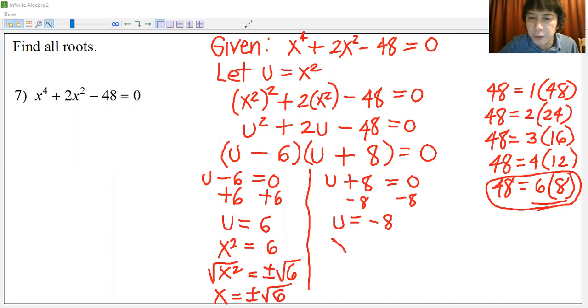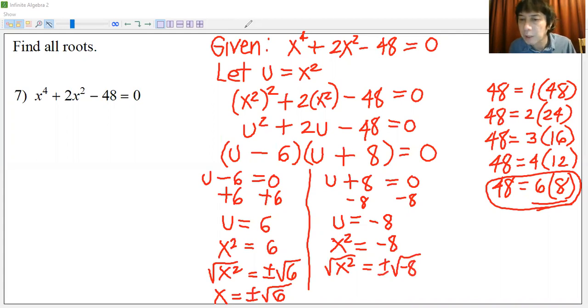So we will return the original variable x squared in place of U, and this is equal to negative 8. Get the square root of x squared and the square root of negative 8. Again, this is plus or minus. The square root of 8 is 2 square root of 2.